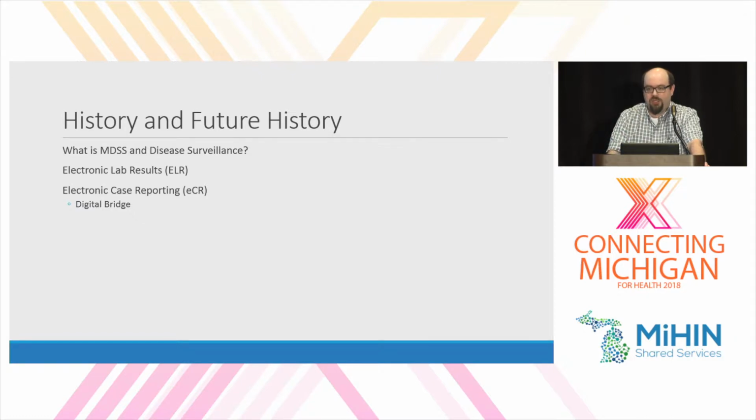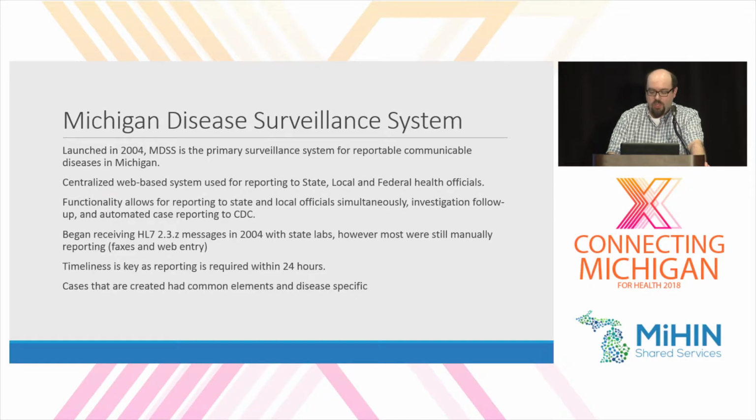What is the Michigan Disease Surveillance System, and what is disease surveillance in general? Then the progression into our use of electronic labs, and as a natural leap into ECR, the Digital Bridge Project, and the use of a lot of these things. So we'll start with the Michigan Disease Surveillance System.